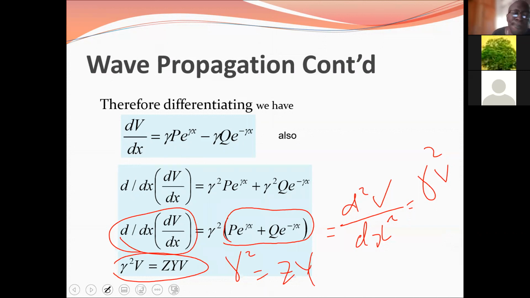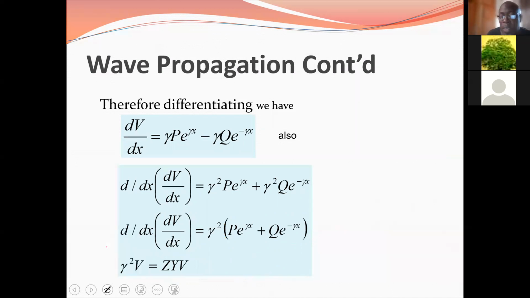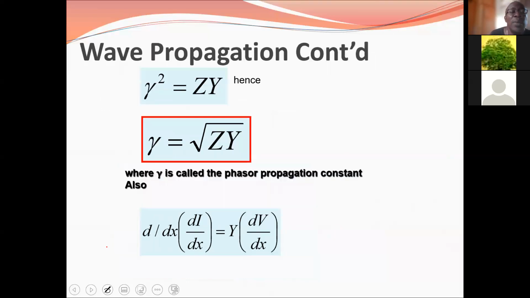All right. So gamma squared is equal to ZY, which is what we have there, which means that gamma is equal to the square root of ZY, and gamma is known as the phase or propagation constant.